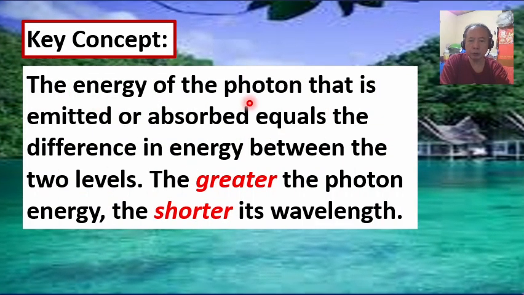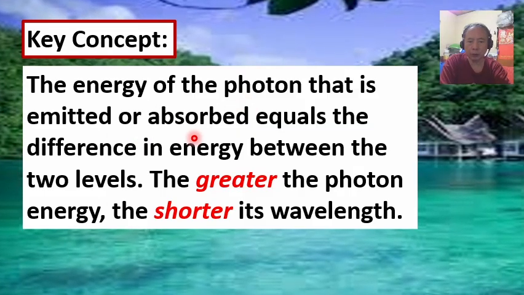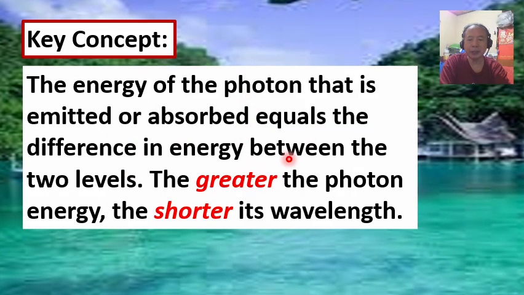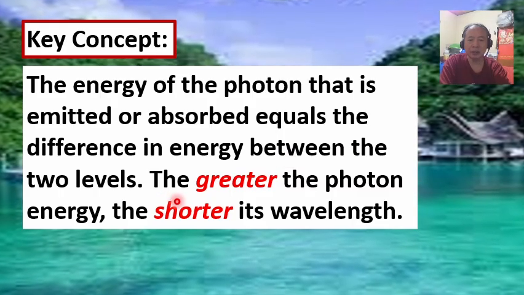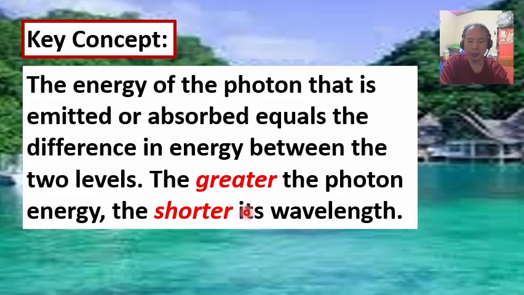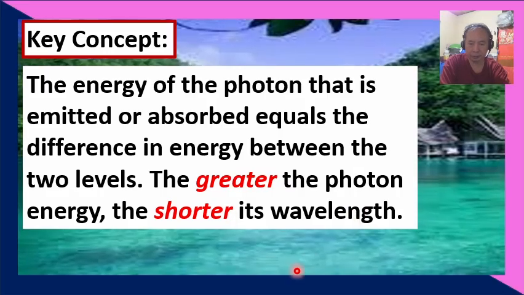The energy of the photon that is emitted or absorbed equals the difference in energy between the two levels. The greater the photon energy, the shorter its wavelength.